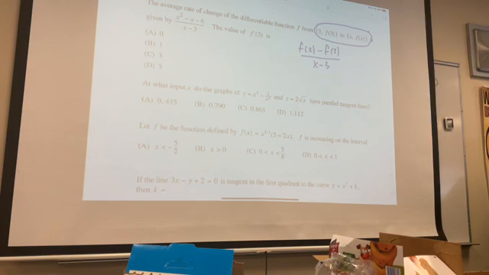Okay? f of x minus f of 3 over x minus 3, and it gave me this. Which means, I gotta think through this, that f of x minus f of 3 is equal to that.